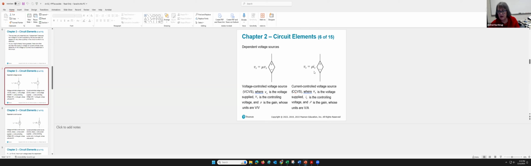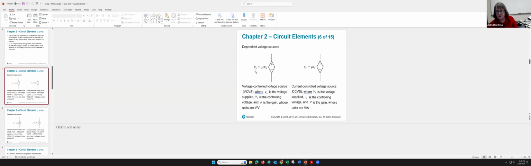Over here, I sub X is the independent, or it doesn't even have to really be independent, but for now, let's just say independent amperage or current. Now, the other thing I want you to see when you look at these coefficients, mu and rho, this mu is going to be dimensionless.